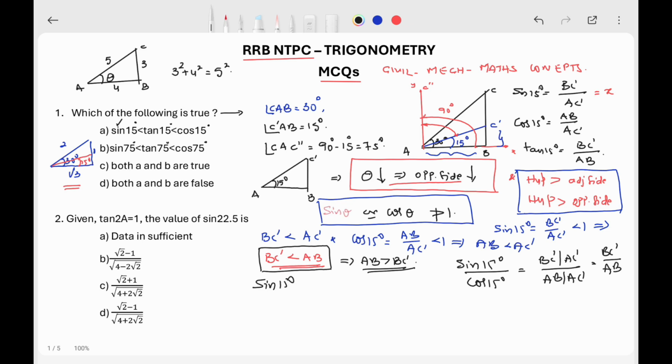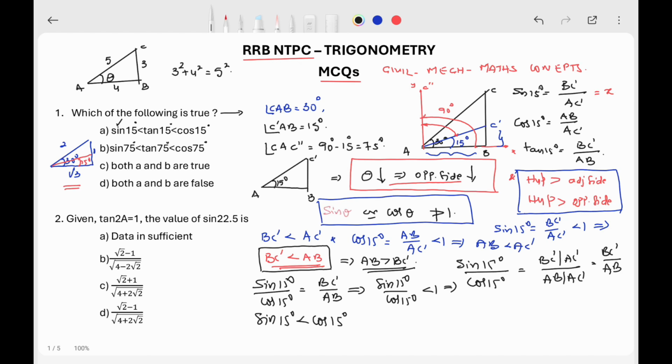Sin 15 degrees by cos 15 degrees is equal to BC dash by AB, which is less than 1, which implies sin 15 is less than cos 15.